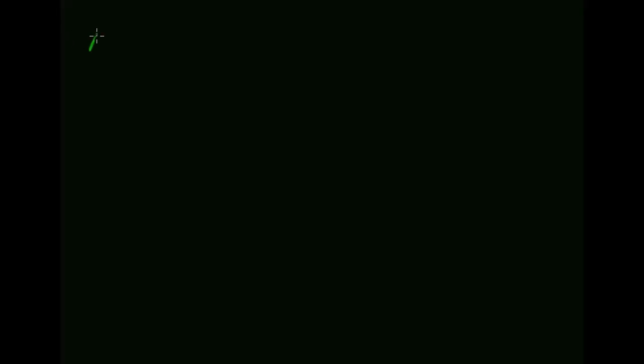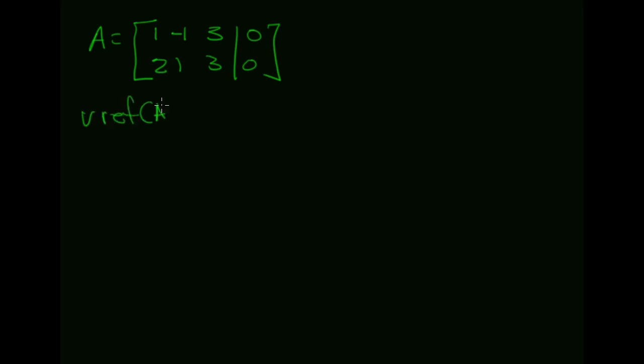Okay, so if you take the system that we gave above and you convert it into an augmented matrix, you get [1, -1, 3, 0; 2, 1, 3, 0]. All right, if we take Gauss-Jordan of that, we end up with [1, 0, 2, 0; 0, 1, -1, 0], right?